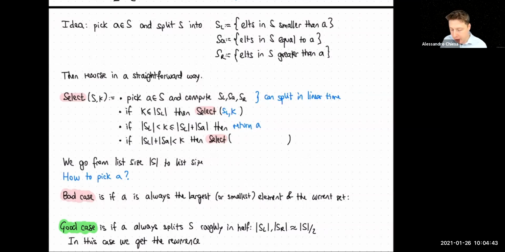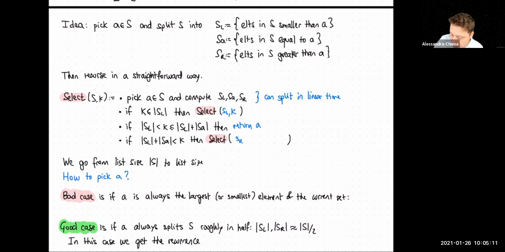Now, in the other case, it could be that the index K is pretty large. In particular, it wants to select something that sits to the right of all the elements below A and all the elements equal to A. In this case, what should I recurse on? So here's half tricky, right?